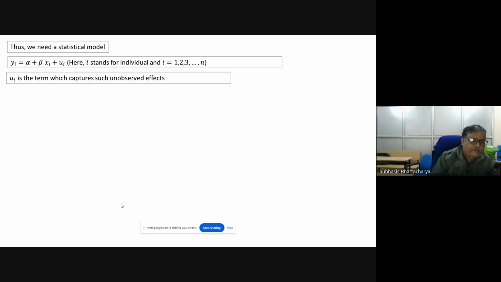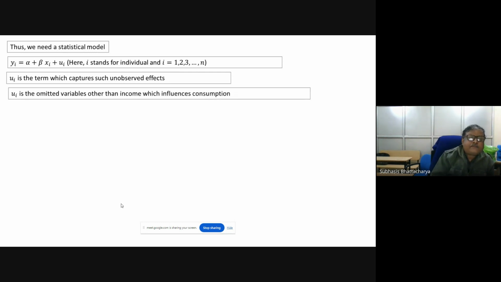Now the relationship between income and consumption becomes complete, because if we include UI, then we have considered the possibility of the full form of a consumption function, because YI represents the consumption, XI represents the income, and UI the influences of other variables on consumption. Sometimes in our research we consider XI, the income, to explain YI, the consumption, but there are several other factors which we are not considering.